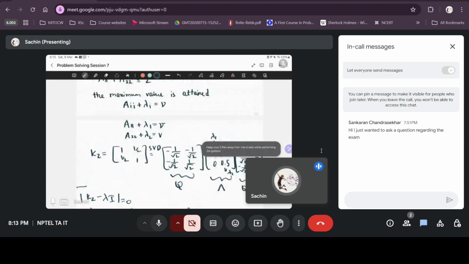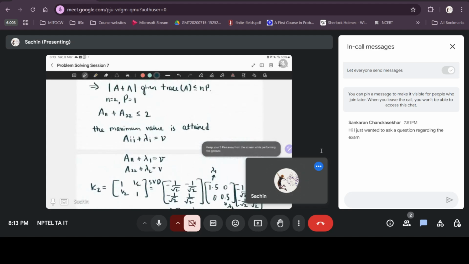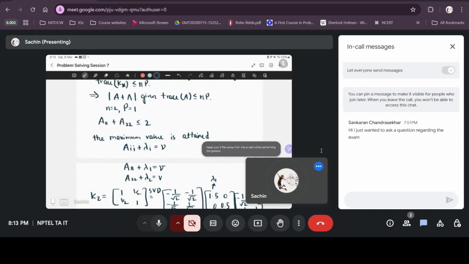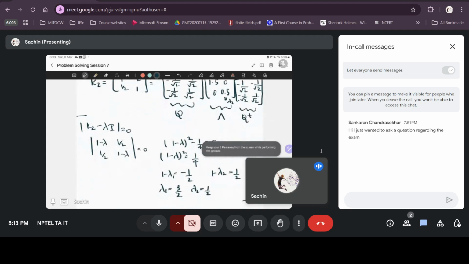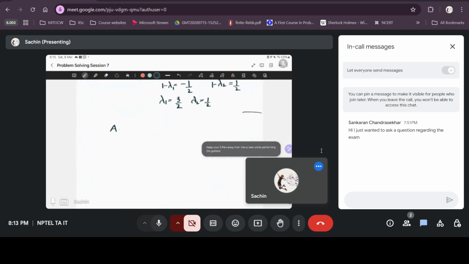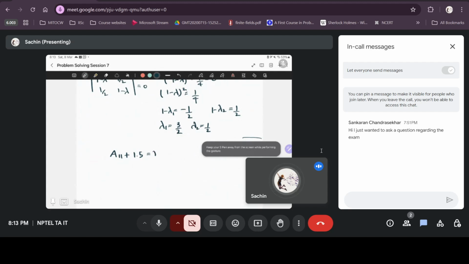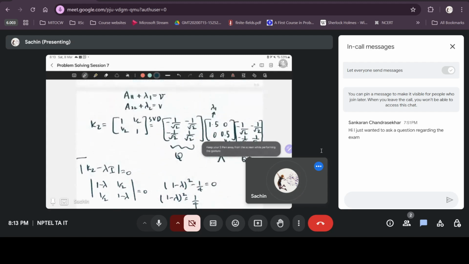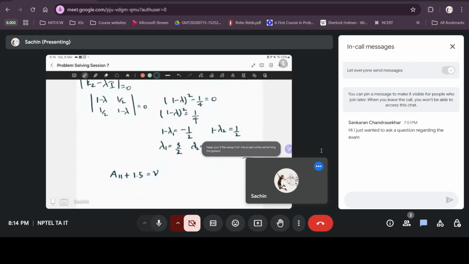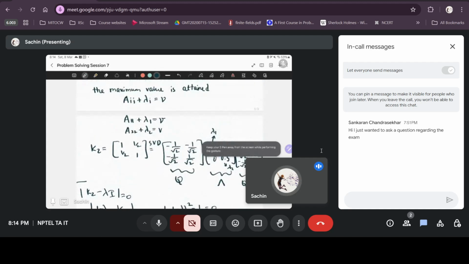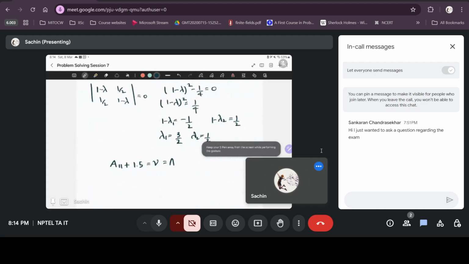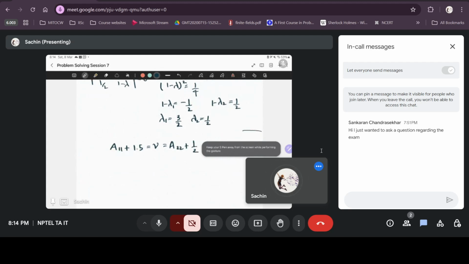So once we have that, we have A11 plus lambda 1, which is 1.5, equal to A22 plus lambda 2, which is half.